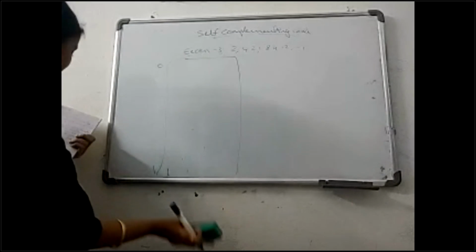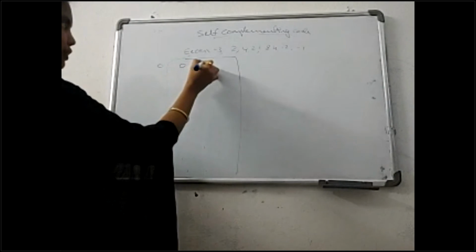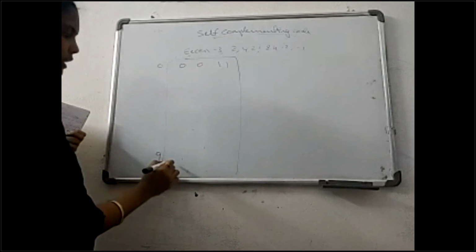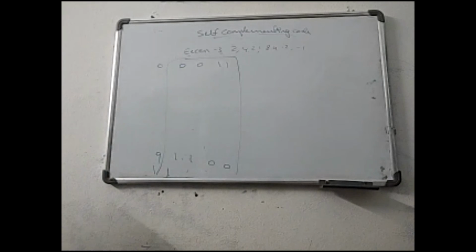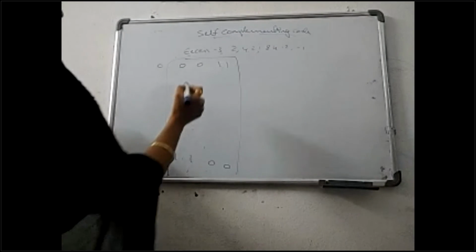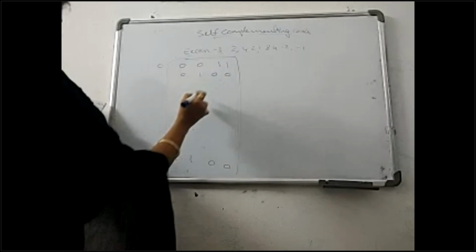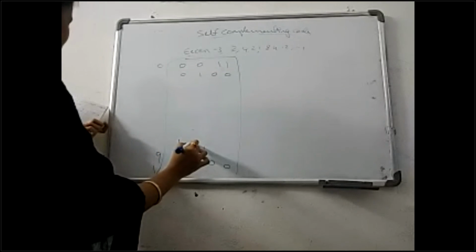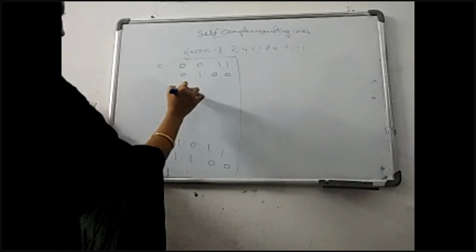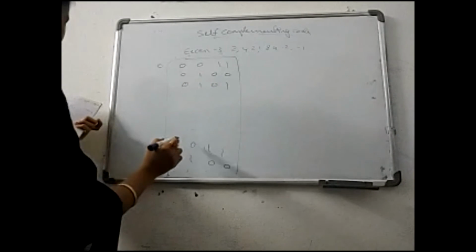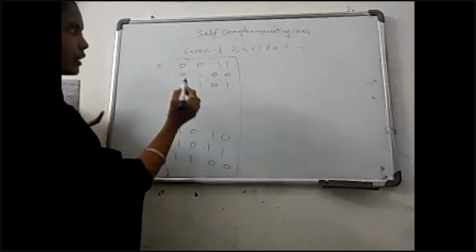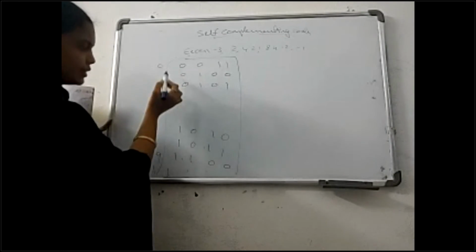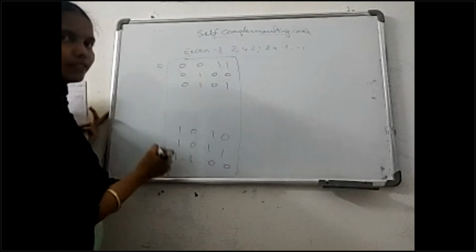Sorry, in excess 3 code, the first value is 0 0 1 1, and the ninth value is 1 1 0 0. Next, second value is 0 1 0 0, and this is 1 0 1 1. And this is 0 1 0 1, and this is 1 0 1 0. See, 0 0 1 1, 0 and 9 are self-complementing.